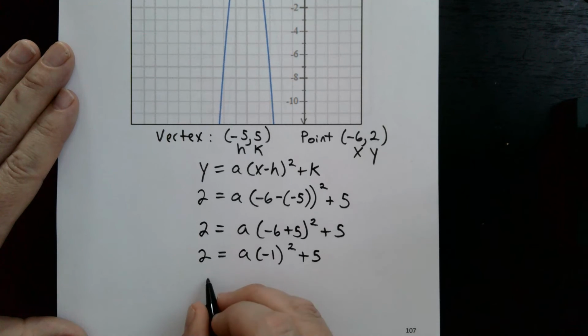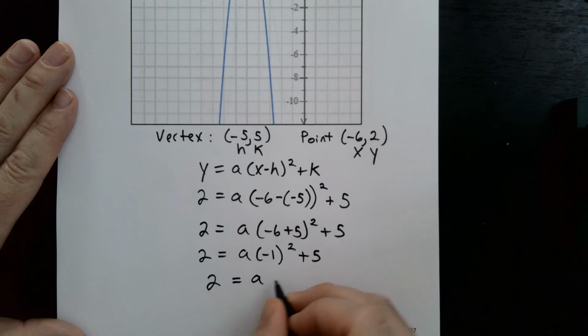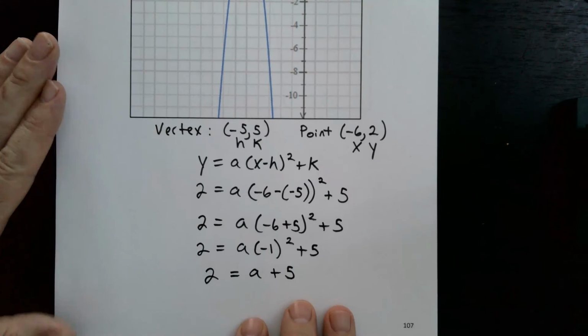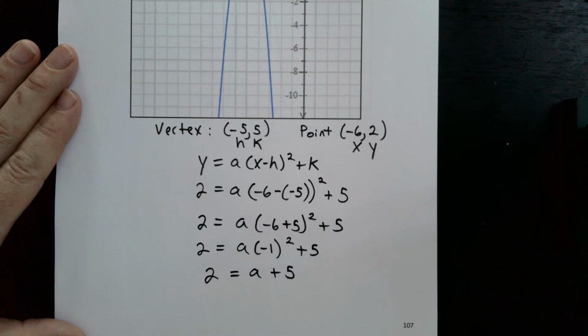So we don't write it at all, we just write the a. 2 equals a plus 5. Subtract the 5 to the other side. 2 minus 5 is -3. So a is equal to -3.